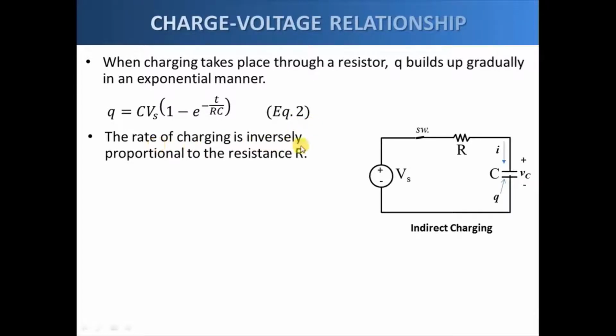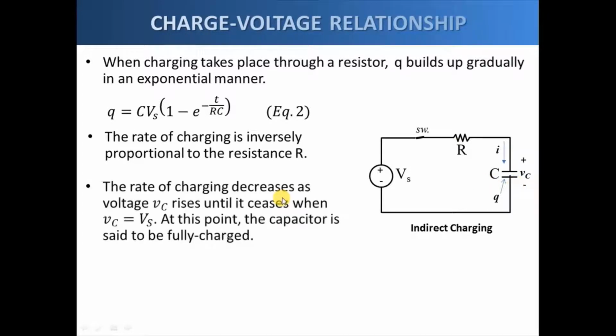The capacitor is still being charged, but in an exponential manner, and the rate of charging is actually inversely proportional to the resistance that is in series with the capacitor. So the larger the resistance, the slower the charging of the capacitor will be.